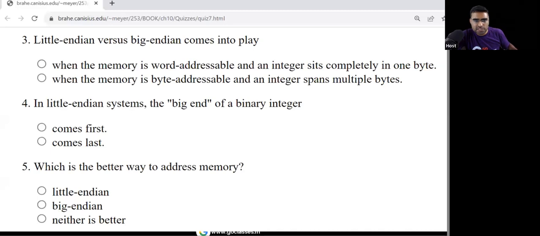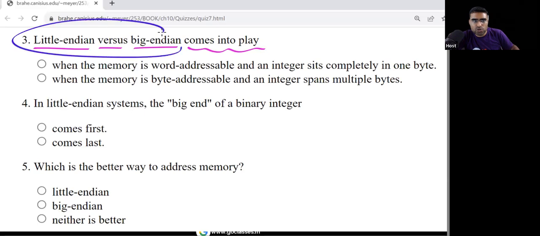Tell me the answer for these three questions quickly. These are standard questions from a standard university. Little Endian versus big Endian comes into play when? These concepts are basically byte ordering.